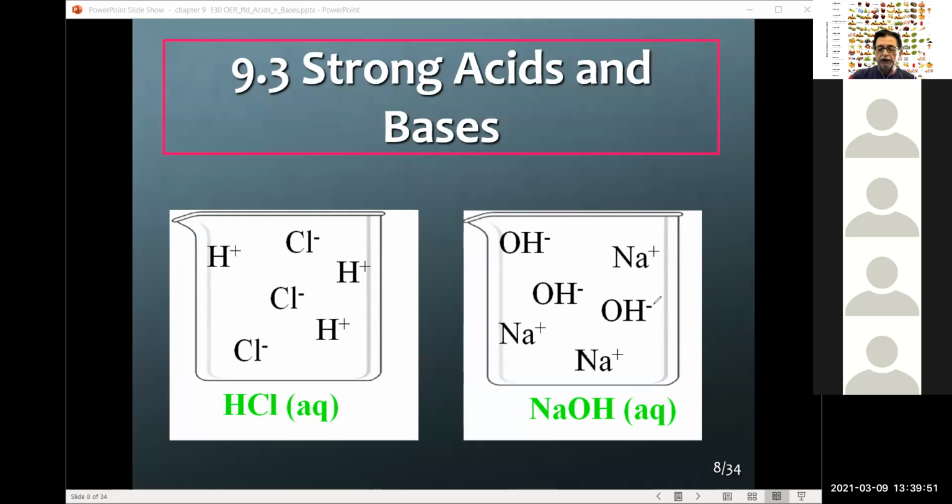Infers strong base on the right because hydroxide is generated, and a strong acid on the left because you generate a proton, and they're completely dissociated, so that infers that both of them are strong.